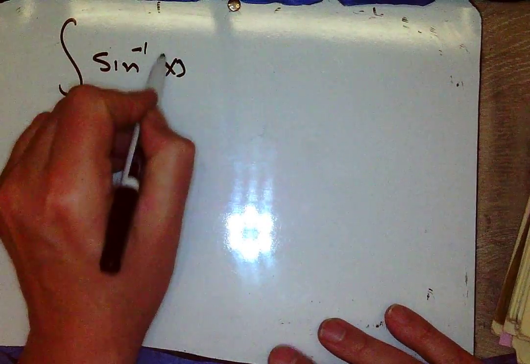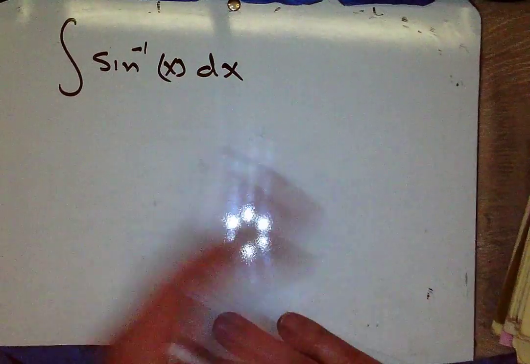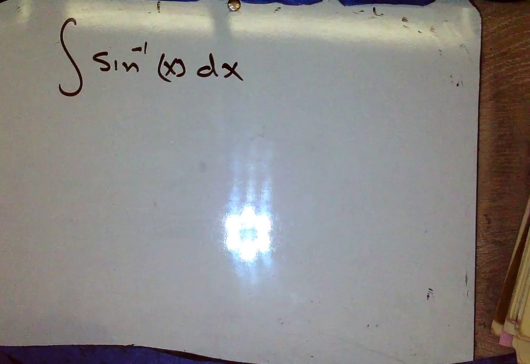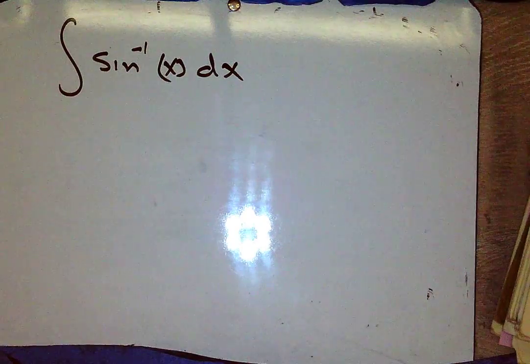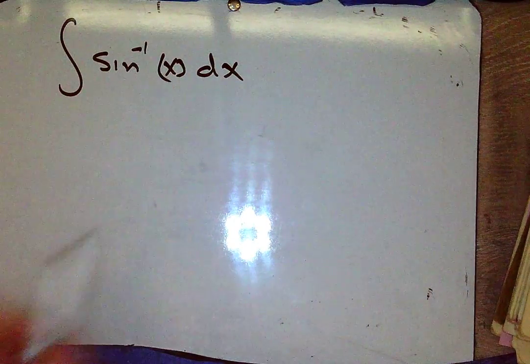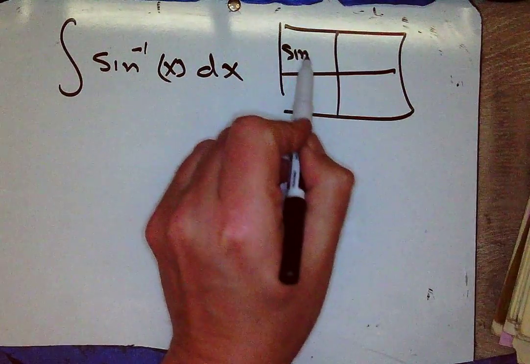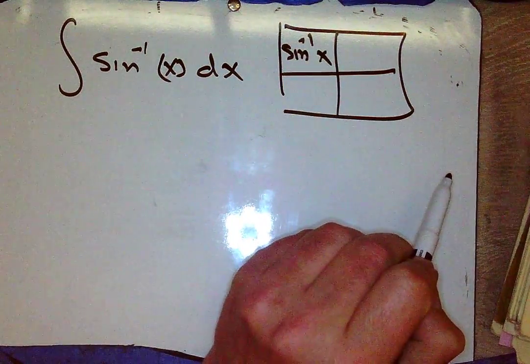We've got the integral of sine inverse of x dx. Well, I know how to take the derivative of that, but do I know how to take the integral of that? No. That's what I'm starting with.